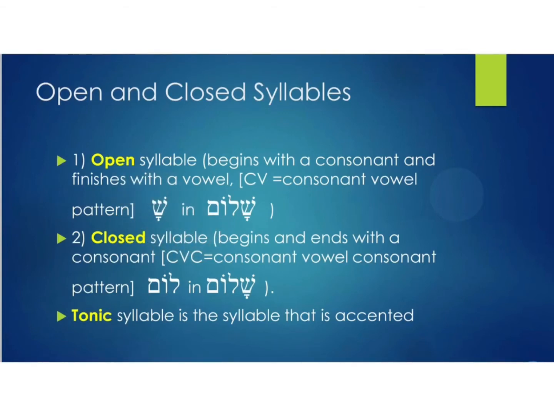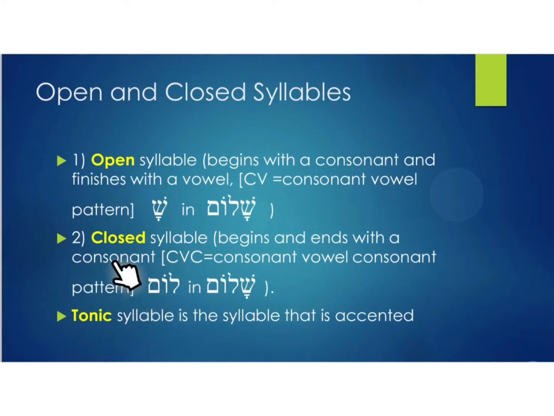The next, closed syllable. What is a closed syllable? A closed syllable is a combination of consonant, vowel, consonant. That is, it begins with a consonant and ends with a consonant. For example, in shalom, sh, consonant plus vowel, is an open syllable, whereas lamed, holem vav and mem consist of a consonant, vowel, consonant pattern.